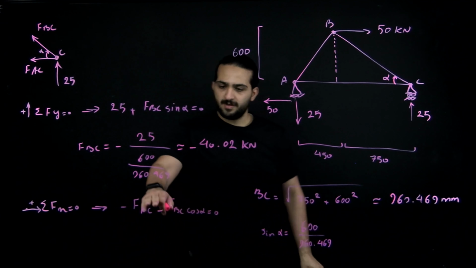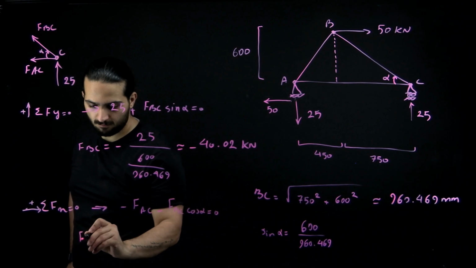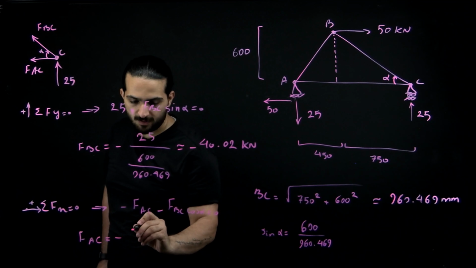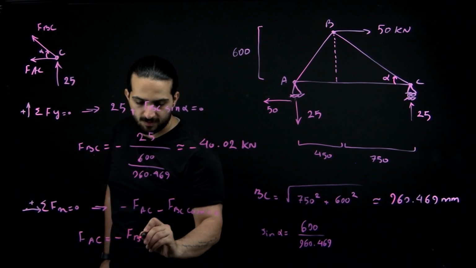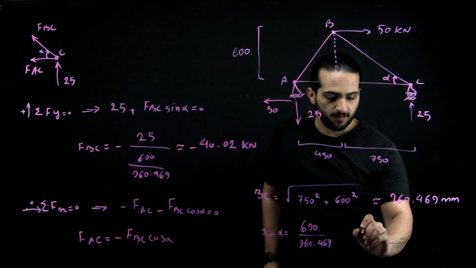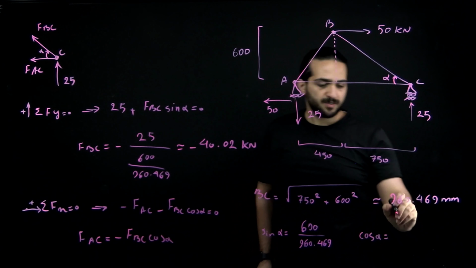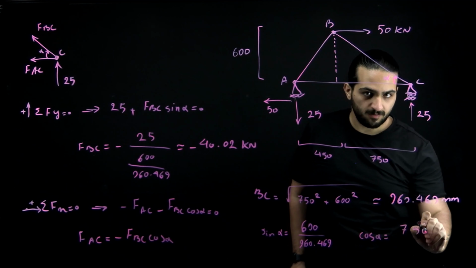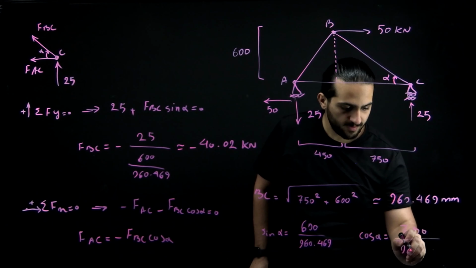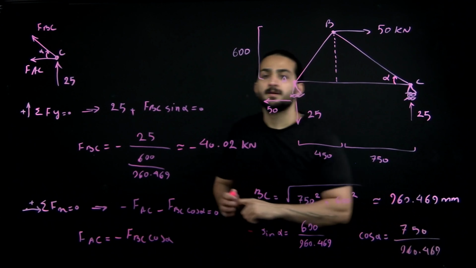So FAC would be minus FBC cosine of alpha. And we know cosine of alpha is this length, 750, divided by this length, 960.469.